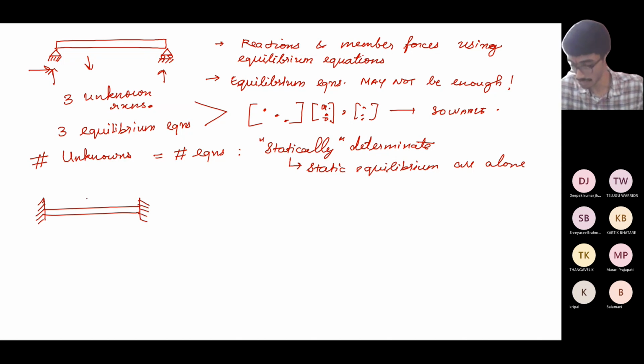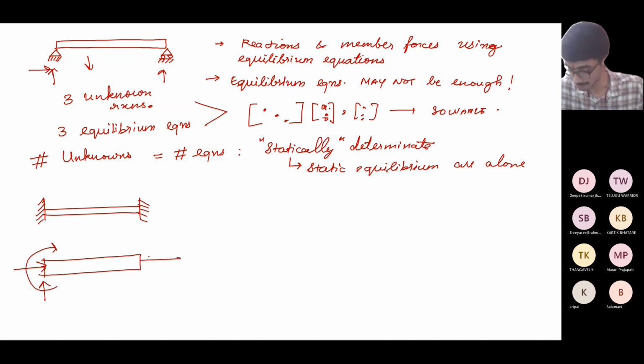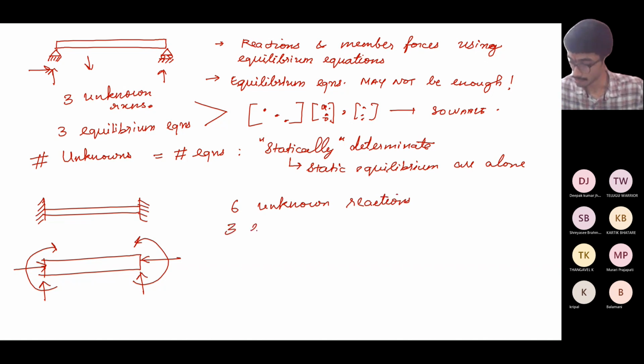So you know if it is fixed, what does it do? The beam at the support resists a vertical force, a horizontal force, and a moment. Similarly, this side, it resists a horizontal force, a vertical force, and a moment. And in general, there are 6 unknown reactions. But you have only 3 equilibrium equations.